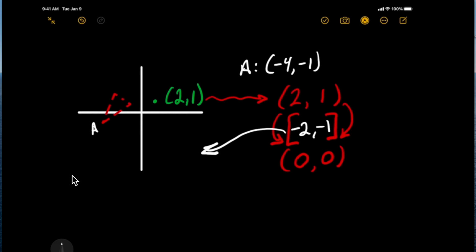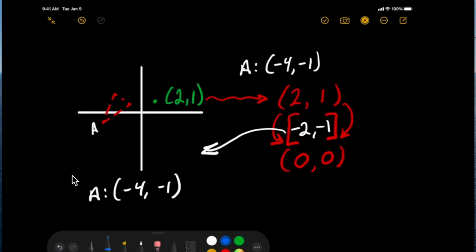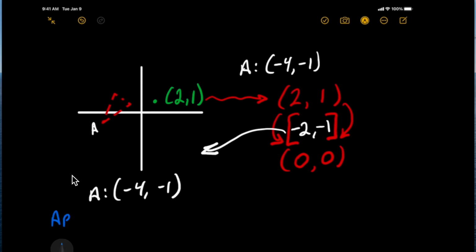So let's apply -2, -1 to point A. Here's -4, -1. Those are the original coordinates of point A. We are going to apply -2, -1, and we're going to have a new point.